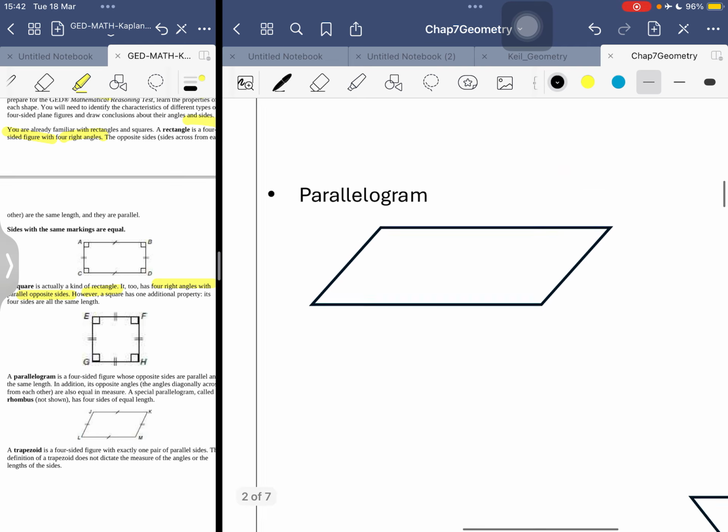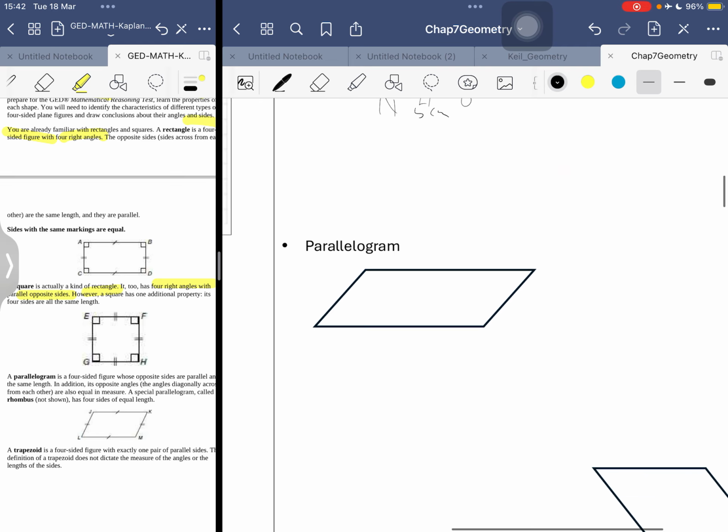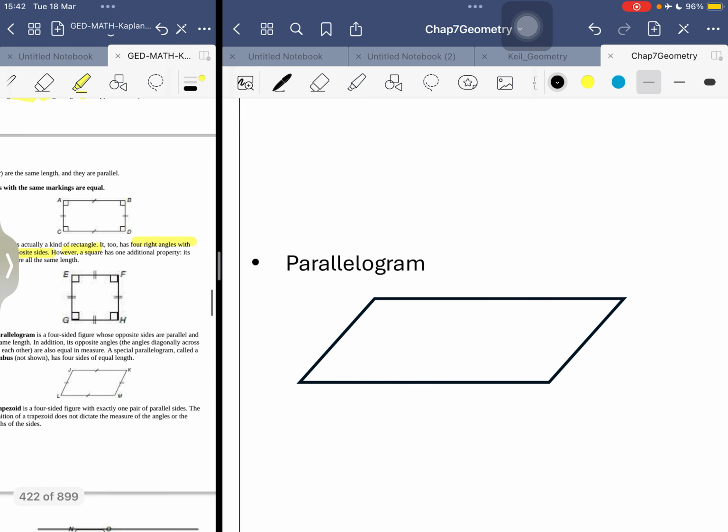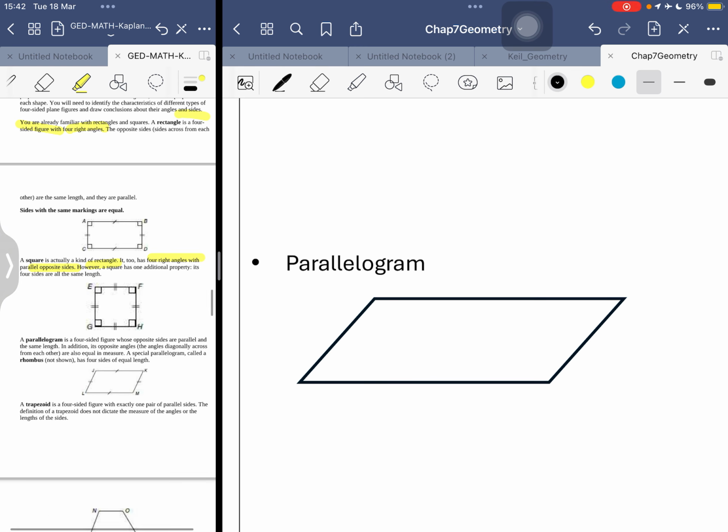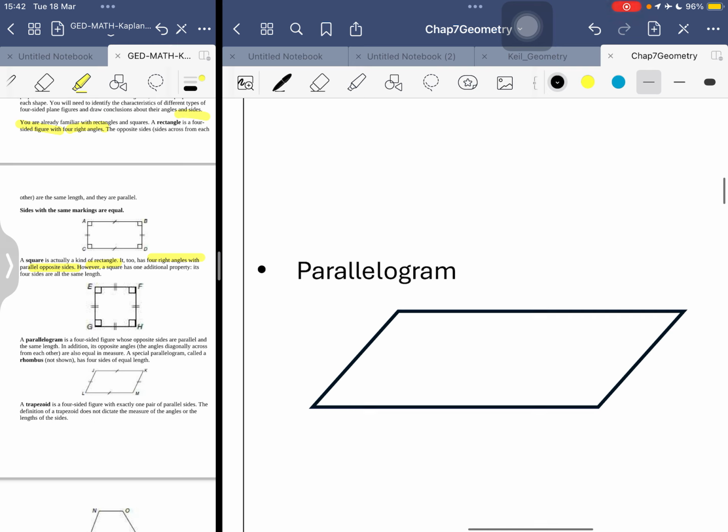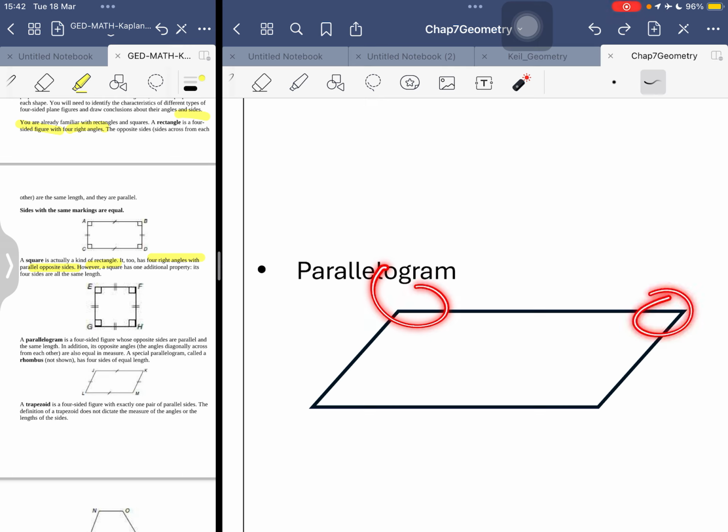The next is parallelogram. A parallelogram is a four-sided figure, but the opposite sides are parallel to each other.